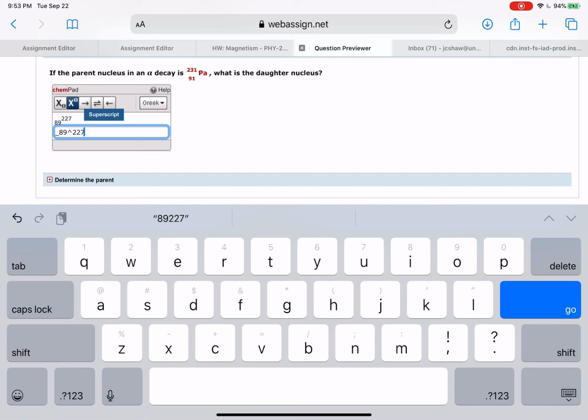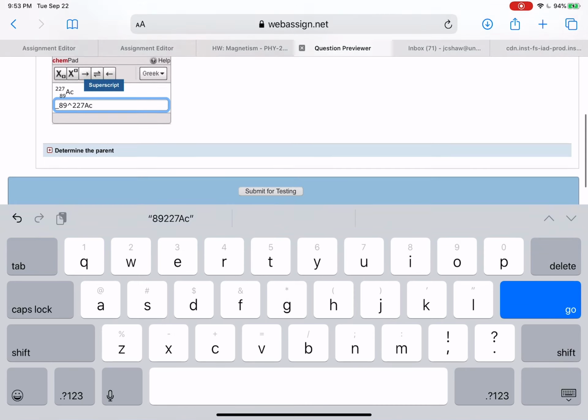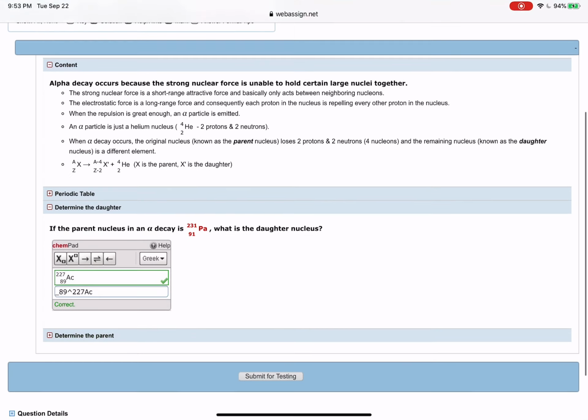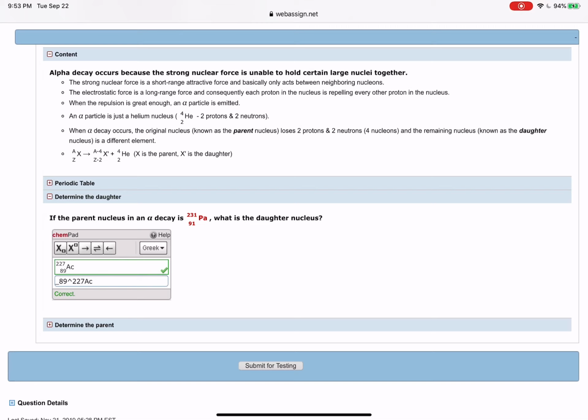And then I am just going to type in a C. And you can see it gives a little preview there. So everything looks good. 227, 89, Ac, submit for testing. And there we go. That's all there is to it.